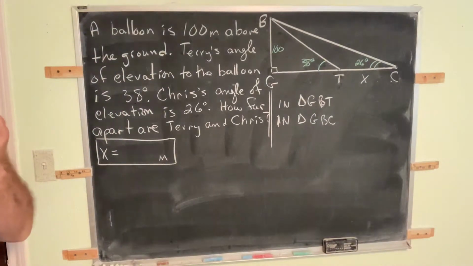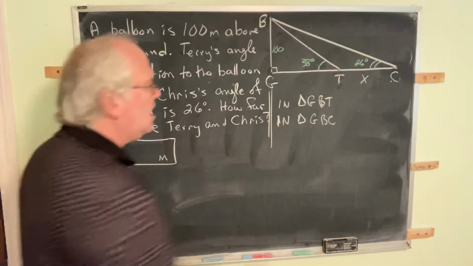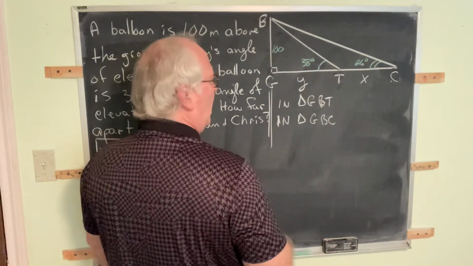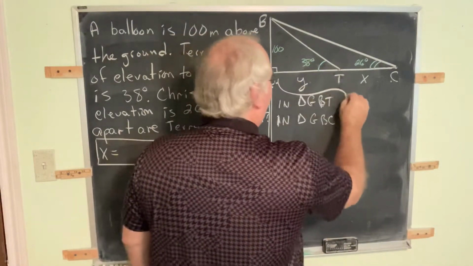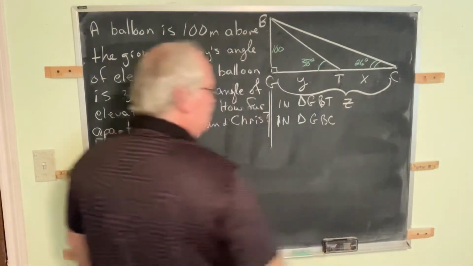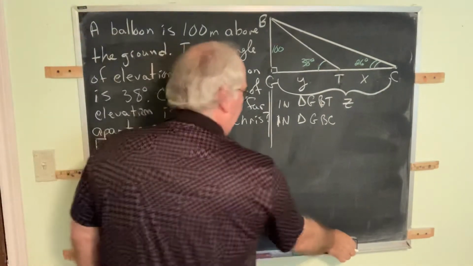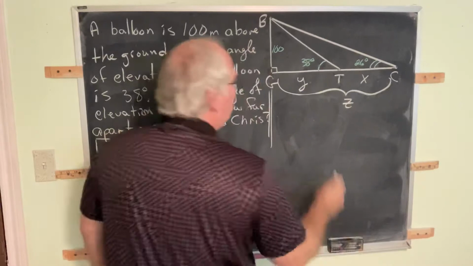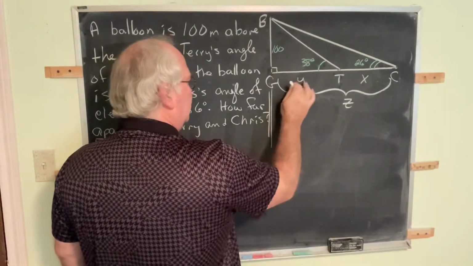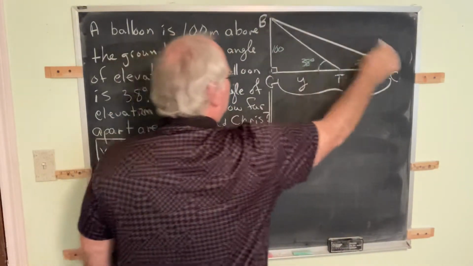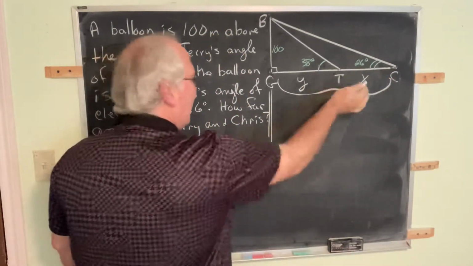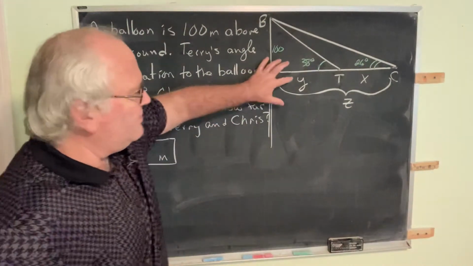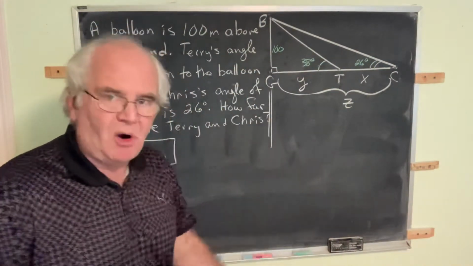So what I'm going to do is introduce a little bit more notation. Let's call this distance between G and T, let's call that distance Y. Let's call this grand total distance Z. So we can use the inside triangle to find distance Y. We can use the outside triangle to find distance Z, subtract them, and that should give us the value of X. Now, to find the given piece we need, it's the same process as before.